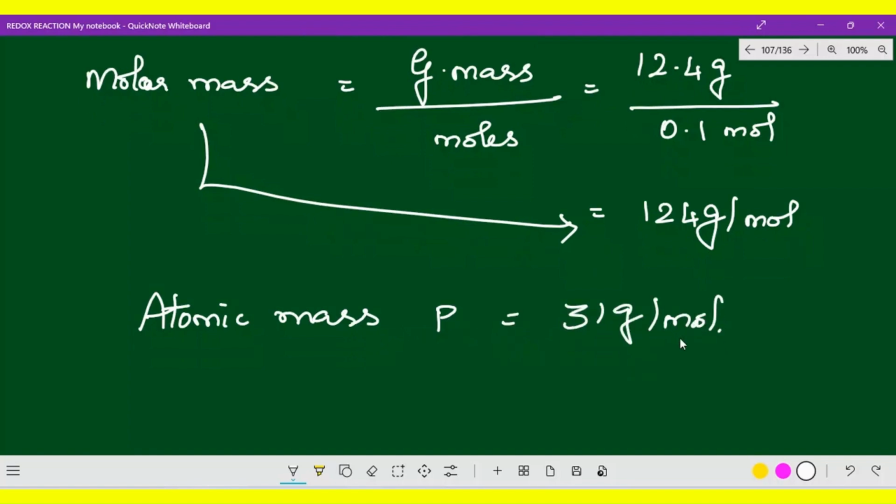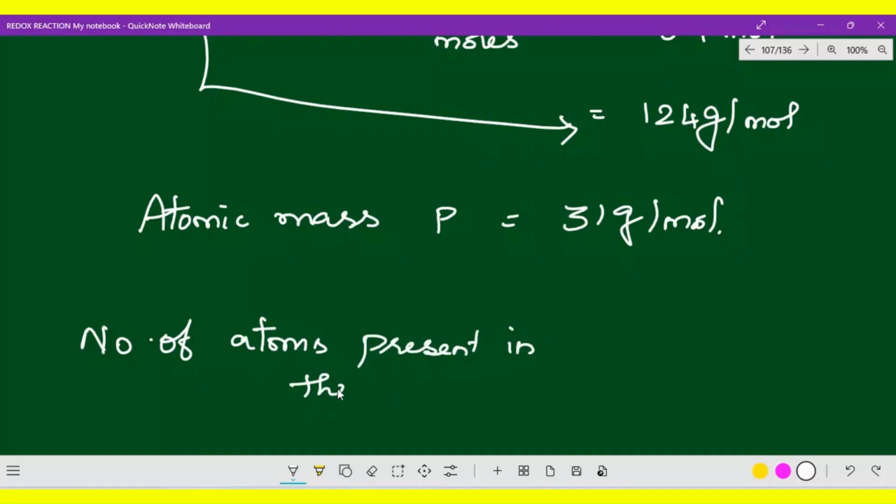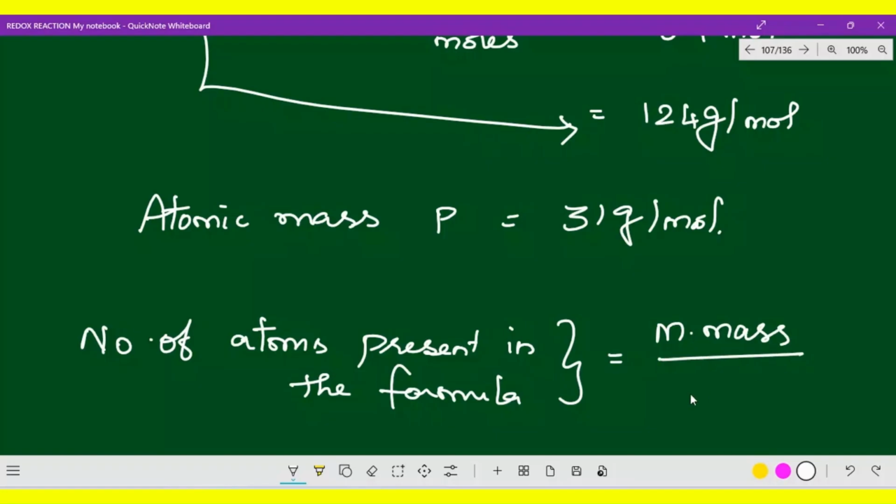Now the number of atoms present in the formula: here you can bring molecular mass, that is molar mass, by atomic mass.